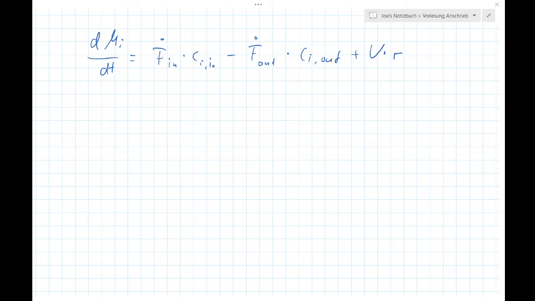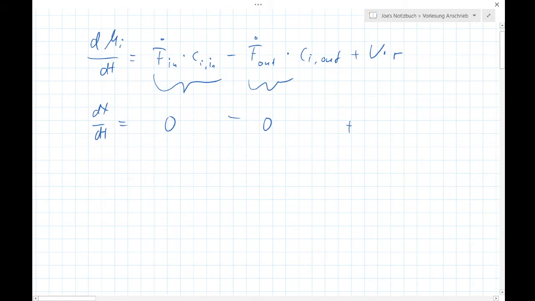Okay, so we start here with our mass balance we have deduced before. And now let's just look again at what happens if we look at the biomass. So in the case of a closed system, so we talk about a batch culture, of course we say dX/dt is equal to, that's 0, nothing gets in, nothing gets out, again 0, plus the reactor volume times the rate of production of the biomass.